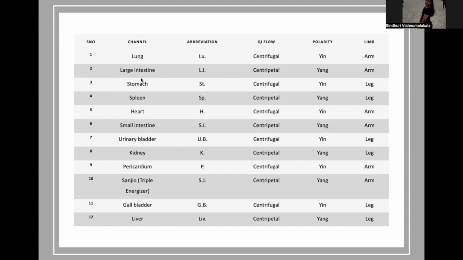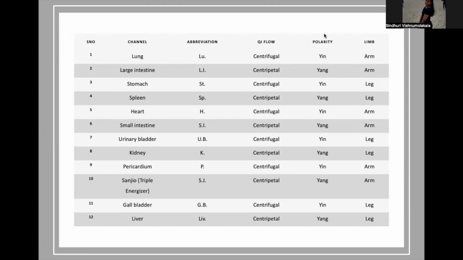So the lung and the large intestine are one pair. We have centrifugal and centripetal flow, yin and yang energy, and both are in the arm. The next is the stomach, which is again centrifugal and yin, and it is present in the leg. And from the spleen, it is centripetal energy, which is yang, and is also present in the leg.